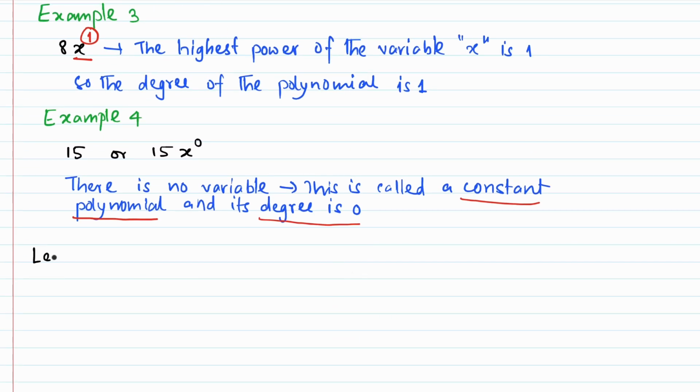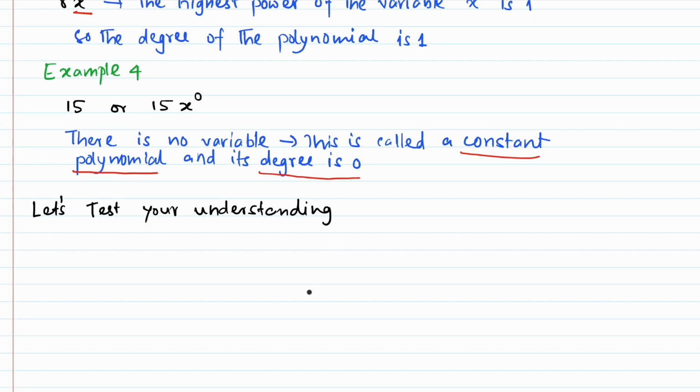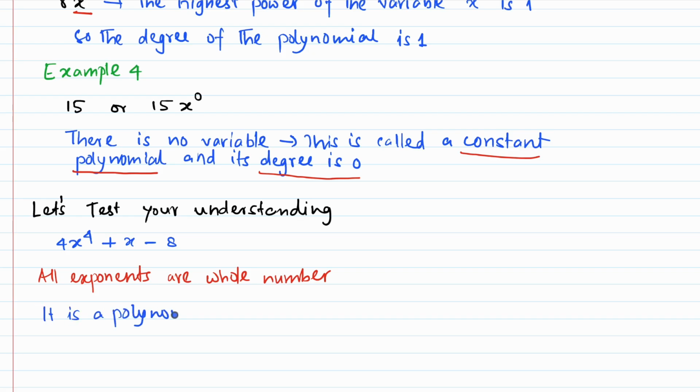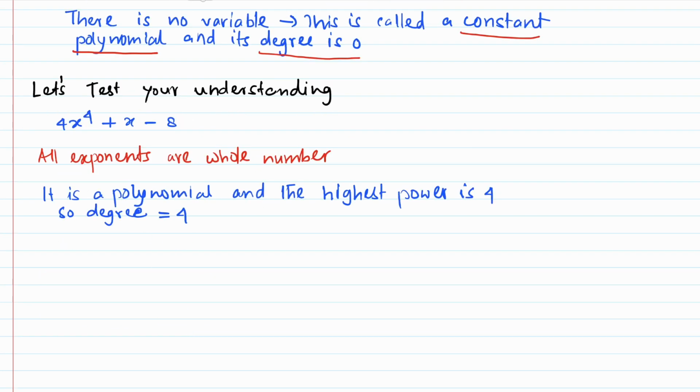Now we have understood how to derive the degree of a given polynomial. Let's test your understanding. Take 4x to the power 4 plus x minus 8. All the exponents of the variable x are whole numbers, so it is a polynomial, and the degree is 4 because the highest power of the variable is 4.